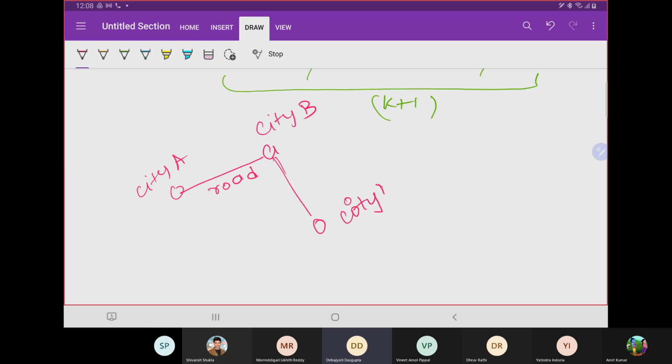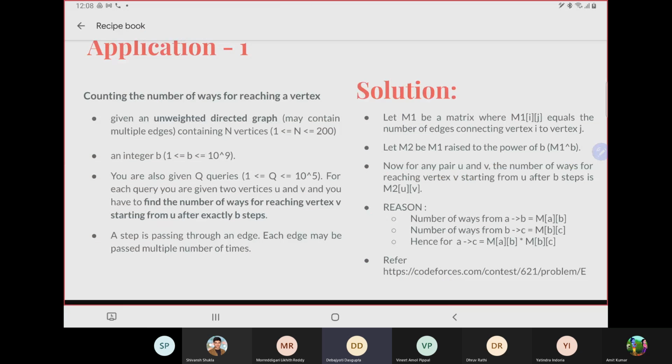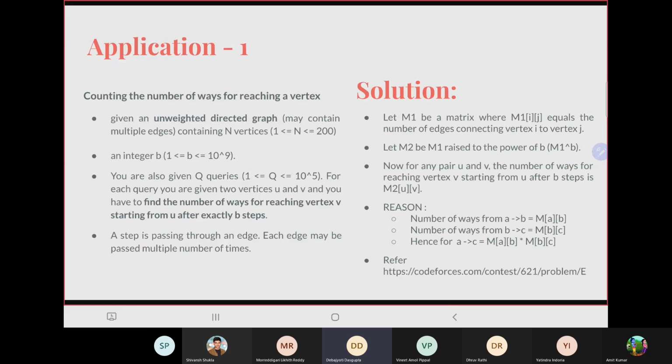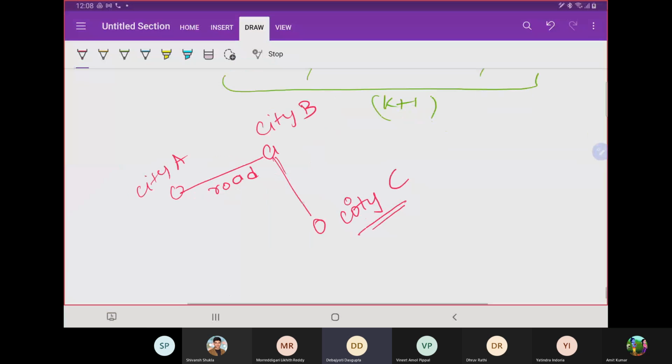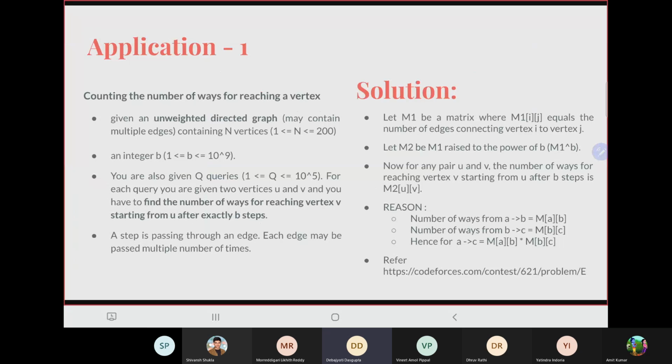You can read about graphs if you don't know anything. We are given an unweighted directed graph. Directed means that if an edge has a direction from city B to city C, you cannot go back from city C to city B. The road is only a one-way ticket from B to C. And it is unweighted in the sense that the road doesn't have any value attached to it.